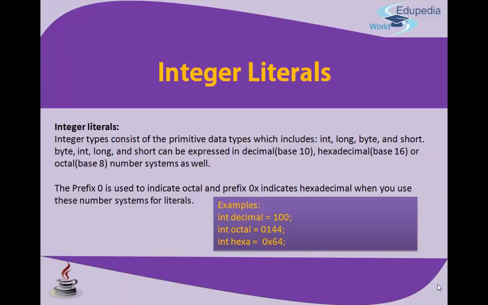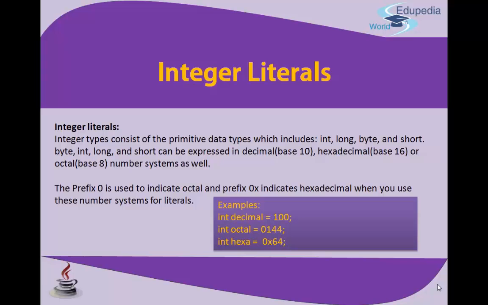The prefix 0 is used to indicate octal and the prefix 0x indicates hexadecimal when you use these number systems for literals. Now int decimal equals 100, int octal equals 0144, and int hexa equals 0x64. That means you are assigning values according to their types and literals. So they are valid literals for these variables you have defined.